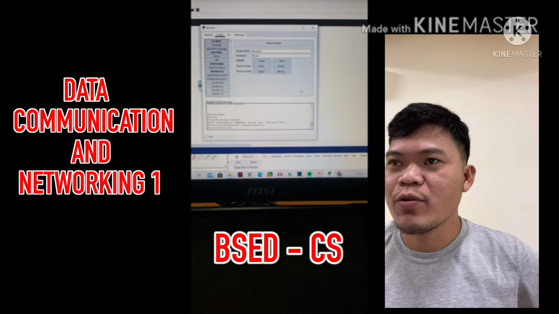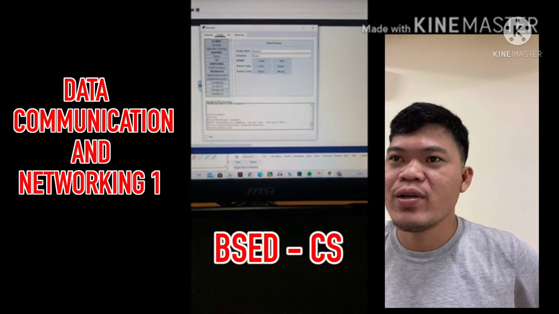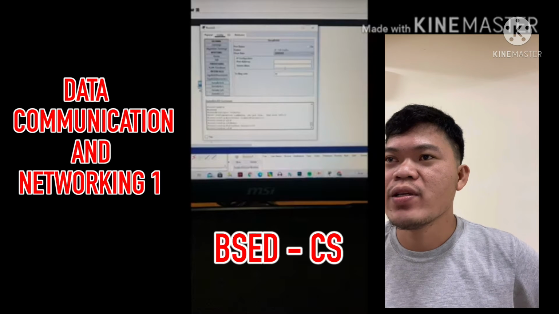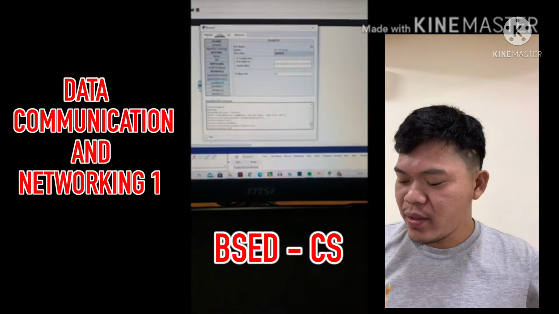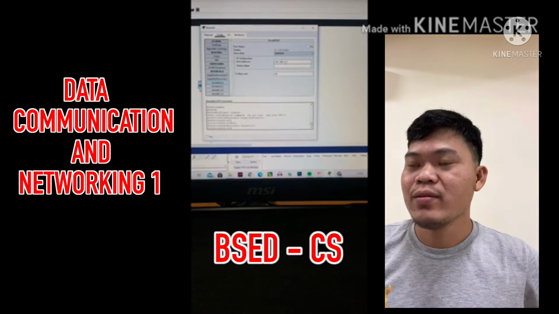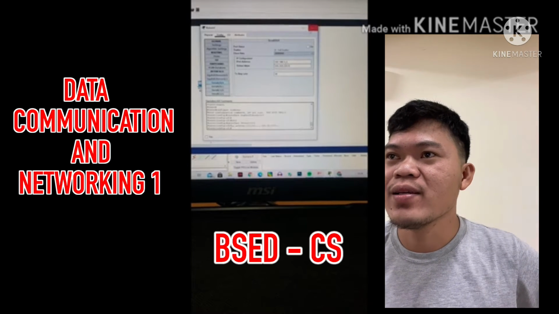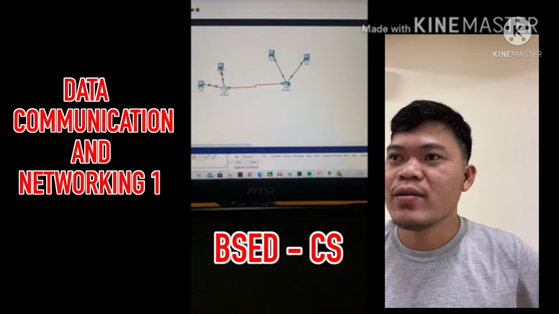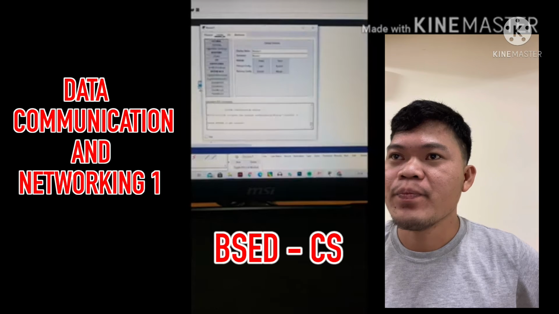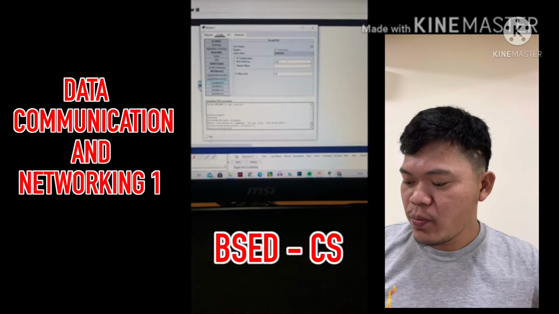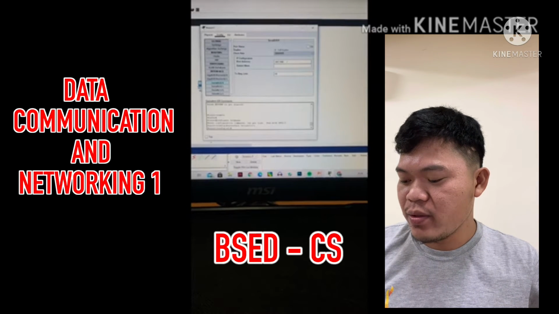So let's also configure this router. For the router, just click, serial 0/0/0, then 192.168.1.1, just enter for the subnet. Then the other one, config, then serial 0/0/0, 192.168.1.